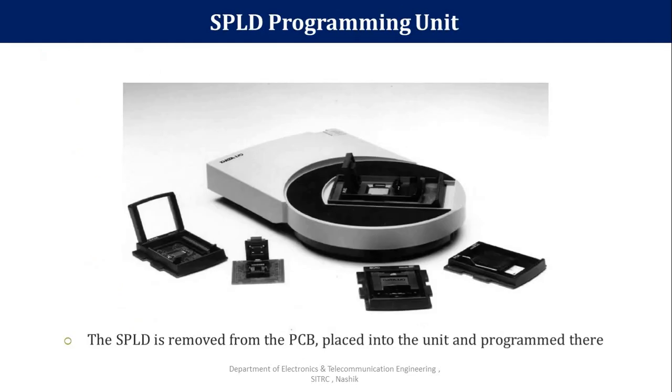Let's see the first, where a removable socket is available. Here the SPLD is removed from the PCB and placed into the programming unit and programmed. From the PCB we can remove that SPLD, that is a PLA, PAL or ROM chip, and we can put that chip into the SPLD programming unit, and then we can program it using the PC.